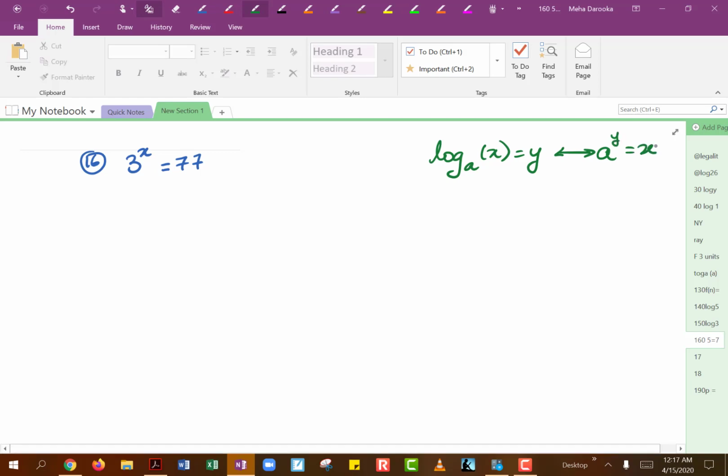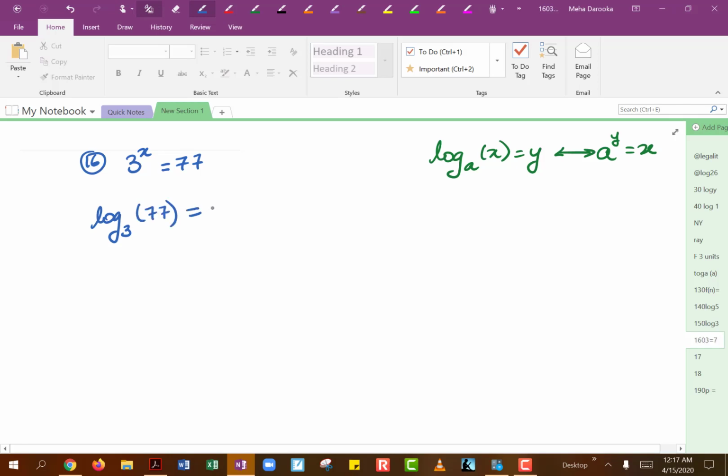It will have the same base, base 3, and this will be log of the number 77 at base 3 equals x. Remember, your logarithm always equals the exponent.